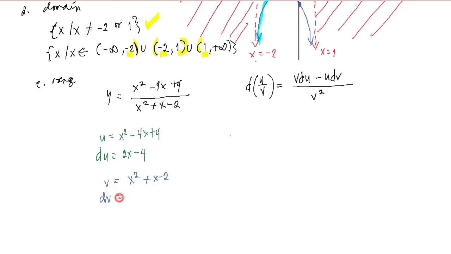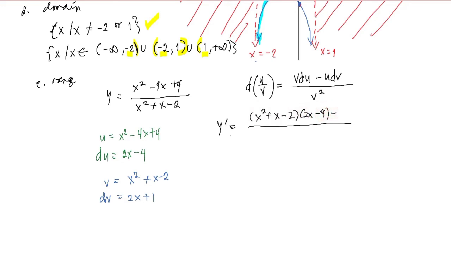So our dv is equal to 2x plus 1. So for the derivative y prime is equal to v du. So our v is x squared plus x minus 2. Du is the derivative of the numerator, that is 2x minus 4.